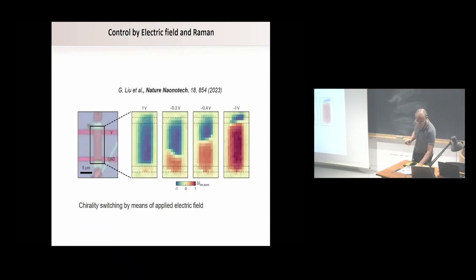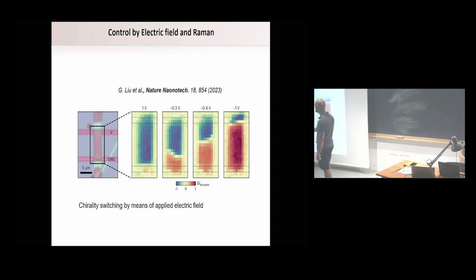I would say the most impressive result, which I also don't understand completely, is this one, but it is clearly not doubtful from the experimental point of view. What they could do is create a domain wall between different chiral configurations.